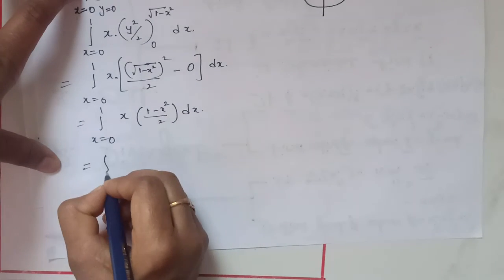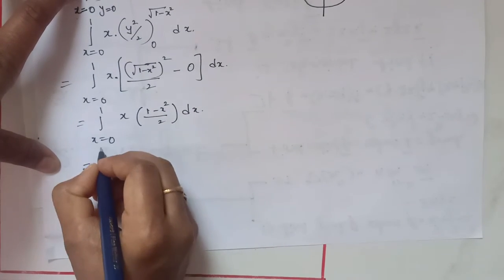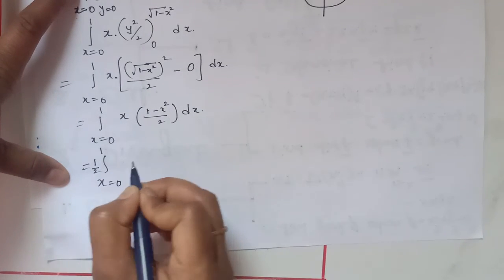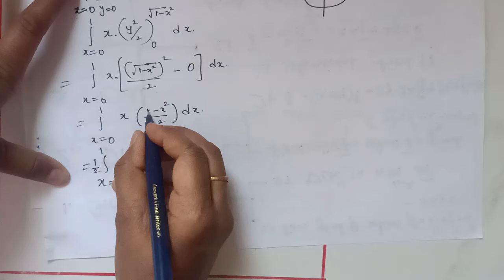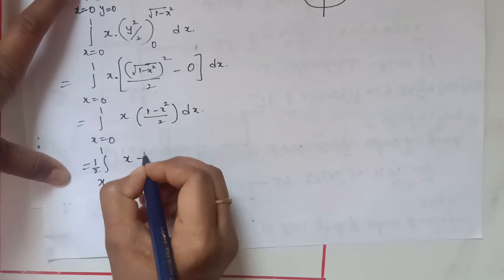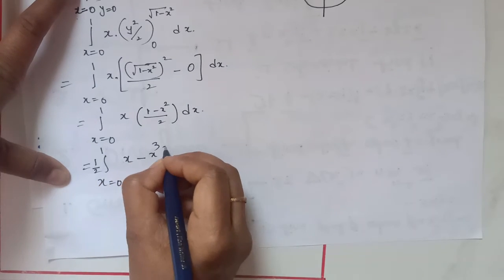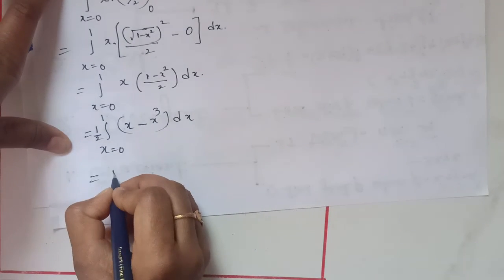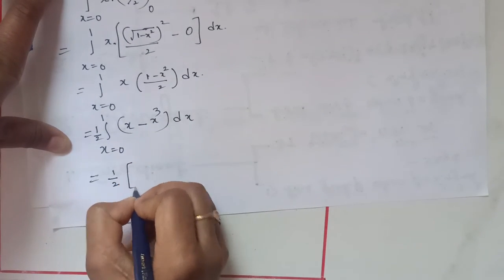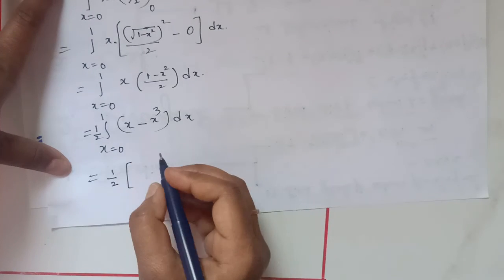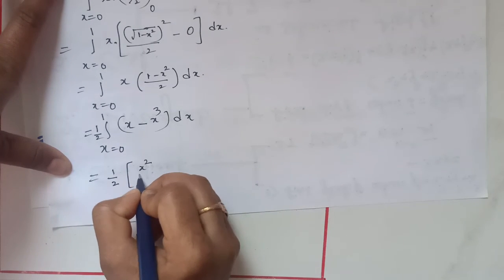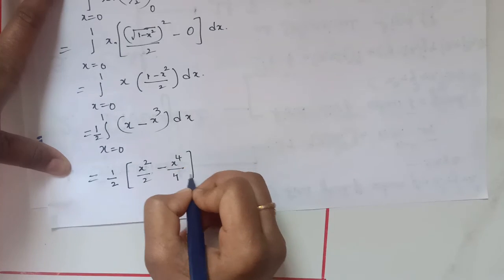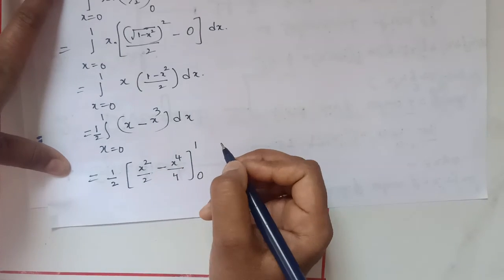So this is equal to integral x is equal to 0 to 1. So 1 by 2 we can write outside of the integral because it is a constant. X into 1 is x minus x cube into dx. This is equal to 1 by 2 into integral x dx is x square by 2 minus x power 4 by 4 and limits are from 0 to 1.